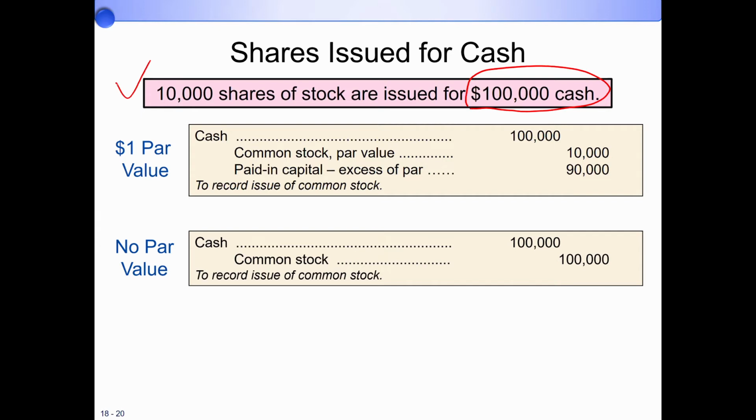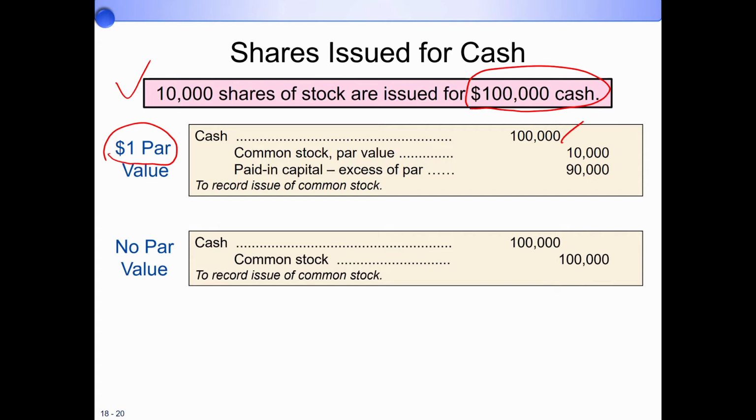We issue 10,000 shares, and let's assume this common stock has a par value of $1 per share. So we issue stock, we receive $100,000 cash, so we debit cash for $100,000. And then we credit paid-in capital, right?